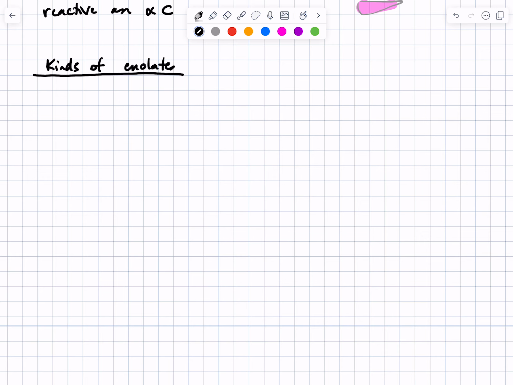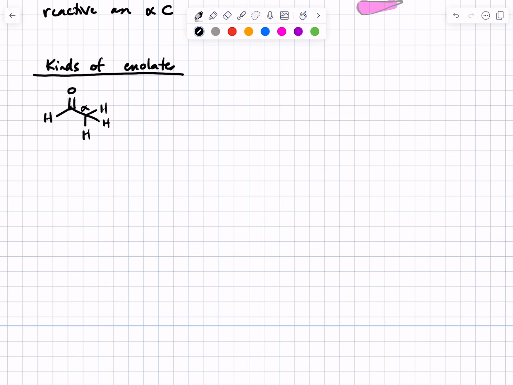One of the most reactive carbonyl compounds we encountered was the aldehyde, right? That was one of the several that were at the top of our list. And actually, I want to just, for fun, we'll put the hydrogen here, we'll put the alpha carbon here.